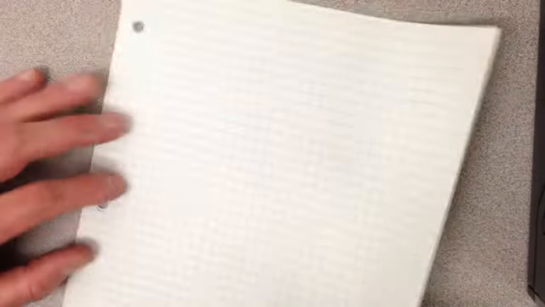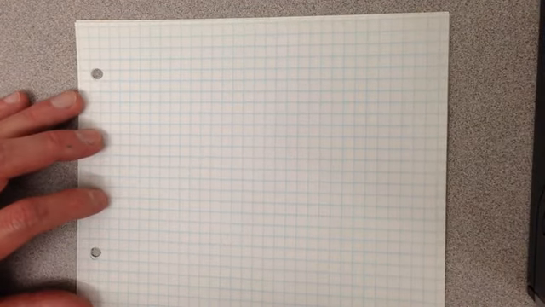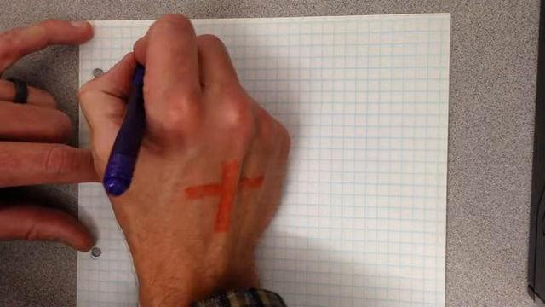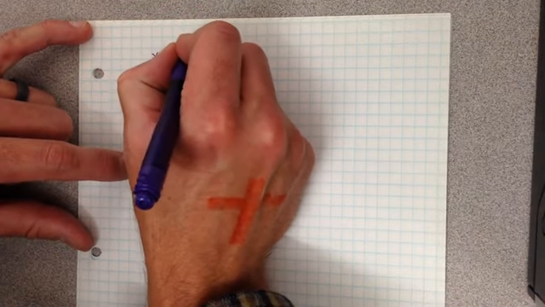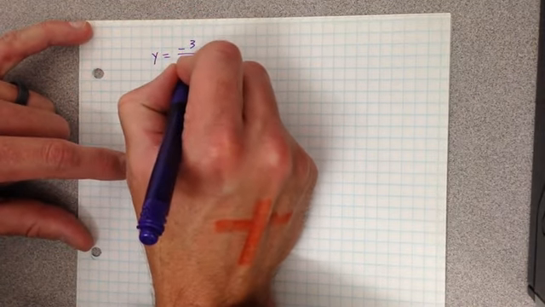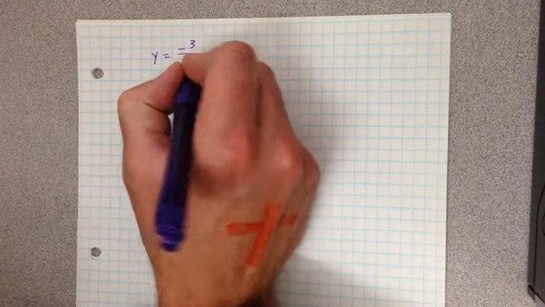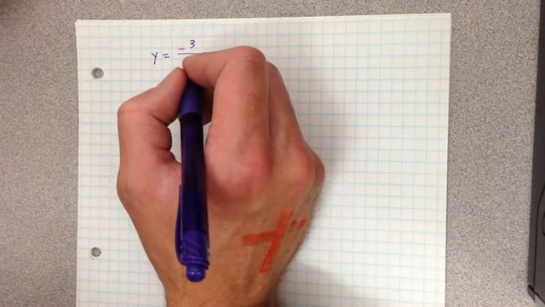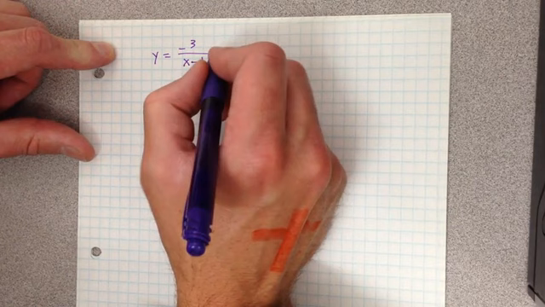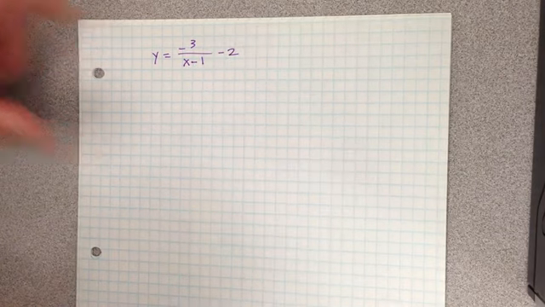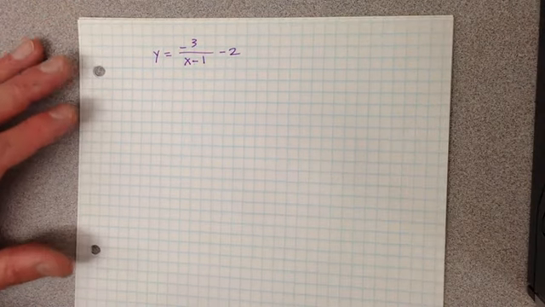Take a look at one more really quickly, and then you will be done with your rational parent graph. y equals negative 3 over x minus 1, minus 2, just so it's not the same as what we dealt with.